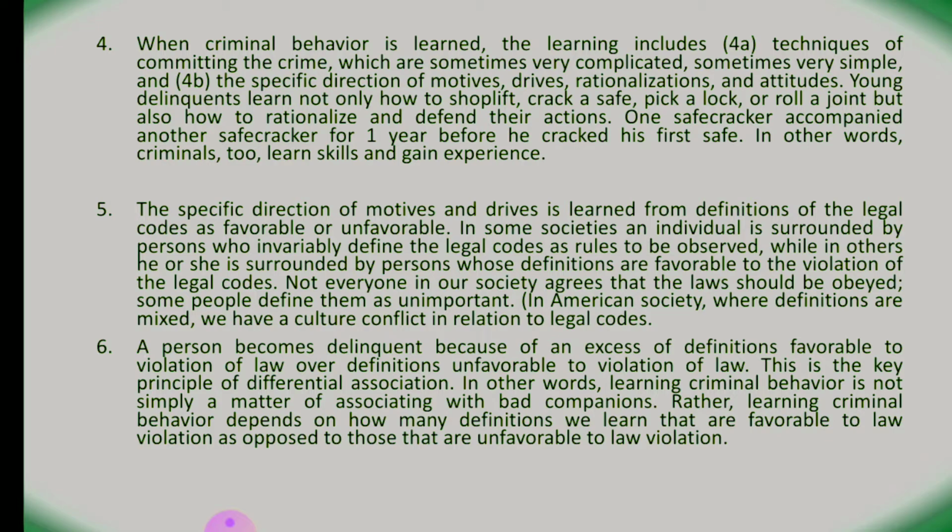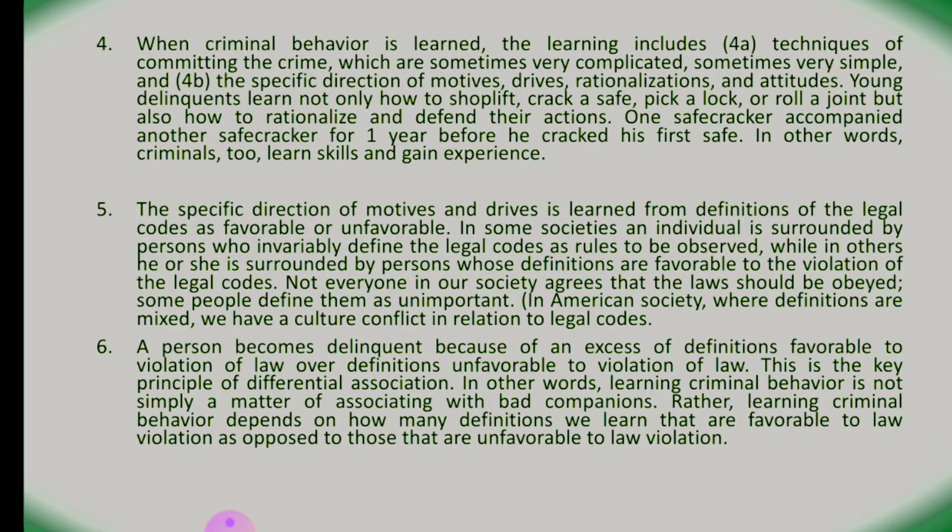Young delinquents learn not only how to shoplift, crack a safe, pick a lock, or roll a joint, but also how to rationalize and defend their actions. One safecracker accompanied another safecracker for 1 year before he cracked his first safe. In other words, criminals too learn skill and gain experience.